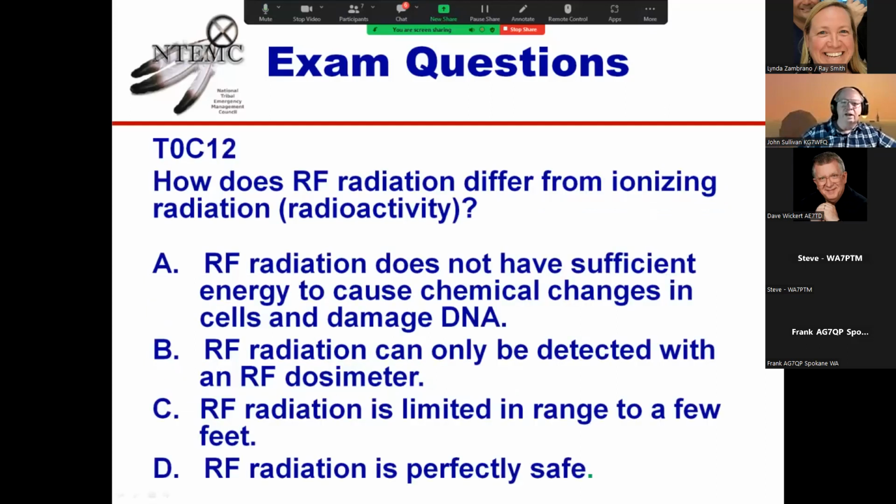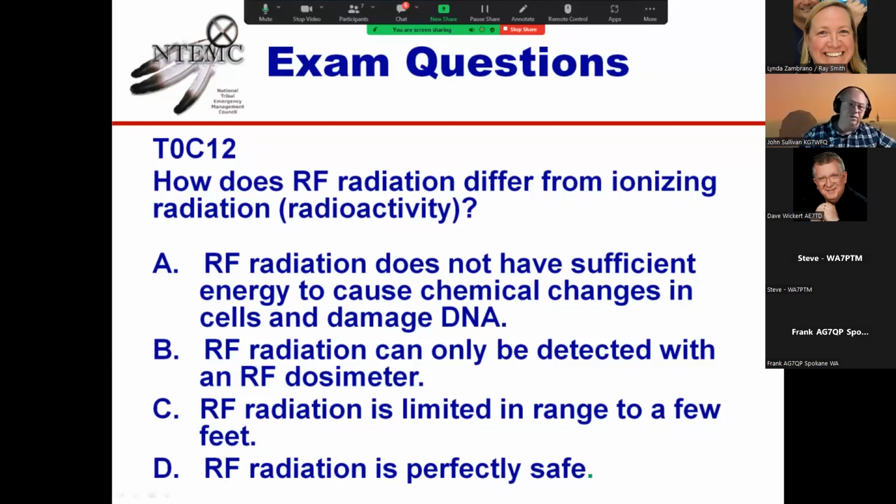How does RF radiation differ from ionizing radiation? So that's the difference between ionizing and non-ionizing radiation. And as I mentioned, it's answer A here. RF radiation does not have sufficient energy to cause chemical changes in cells and damage the DNA. You don't get the cellular damage that you get with ionizing radiation.